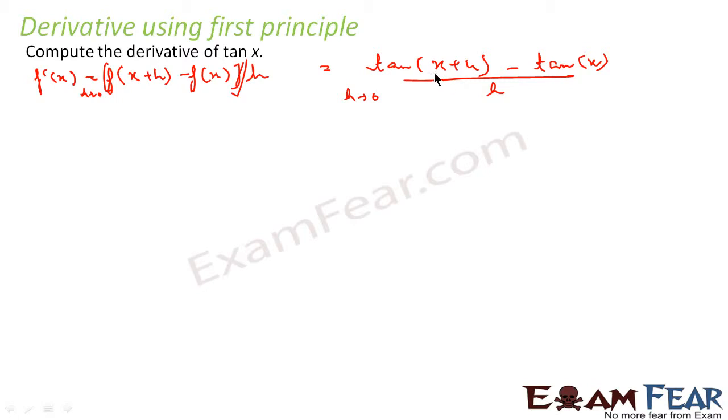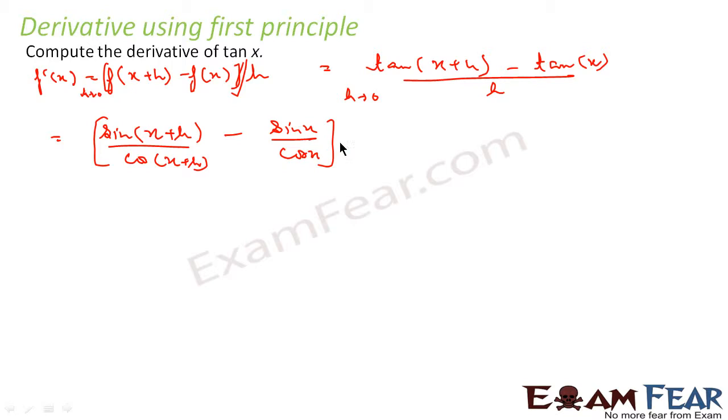Correct? So now we can write tan as sine by cos. So this becomes sine of x plus h by cos of x plus h minus sine x by cos x, and the whole thing divided by h. So I'll say into 1 by h, and h tends to 0 limit.